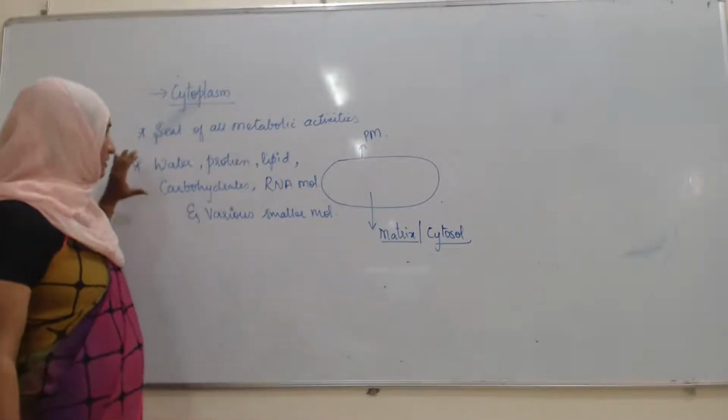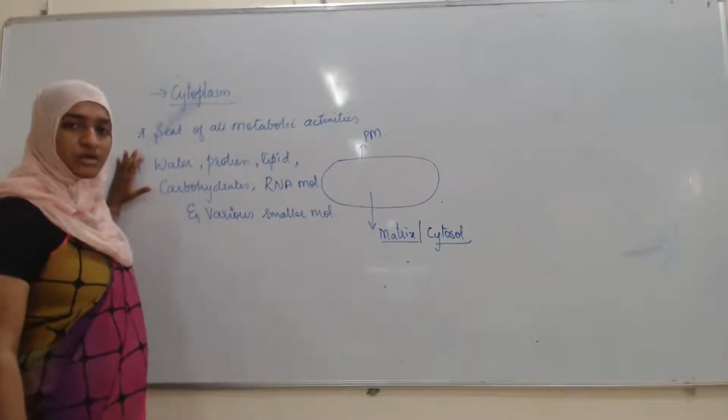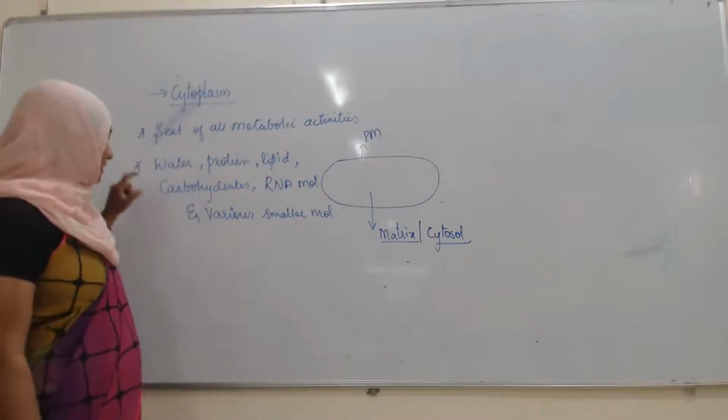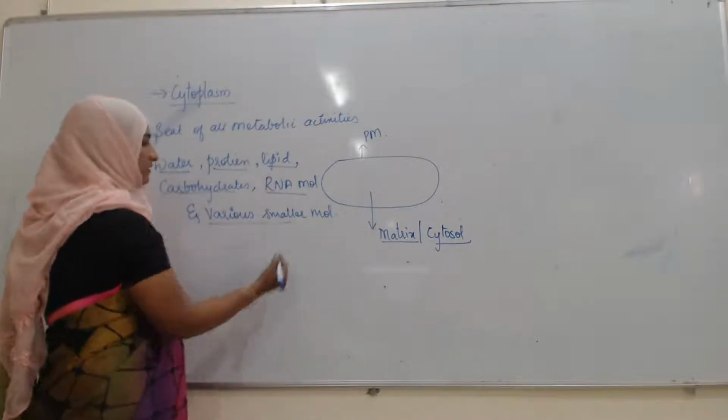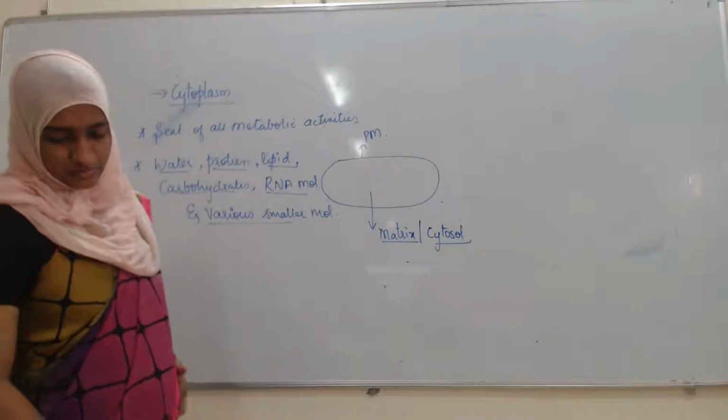This is the chemical composition of cytoplasm, where it consists of water, protein, lipids, carbohydrates, RNA molecules, and various smaller molecules.